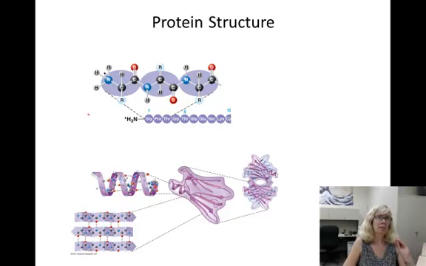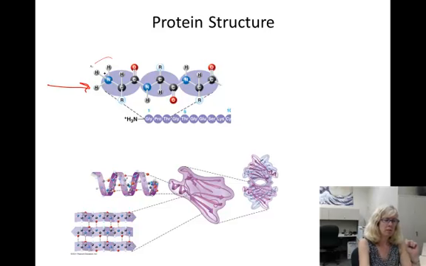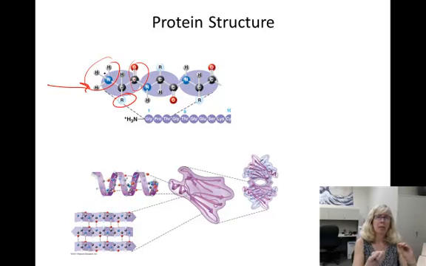In order to understand different proteins, we need a quick review of protein structure. All proteins are essentially a ribbon of amino acids. Every amino acid has an amino group and a carboxyl group, and then an R group that makes it different from other amino acids. That's what makes a chain of amino acids be a chain of glycine, proline, threonine, and so on.